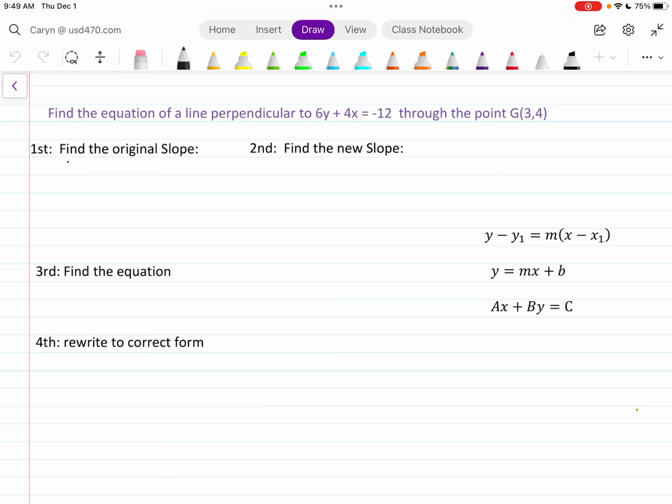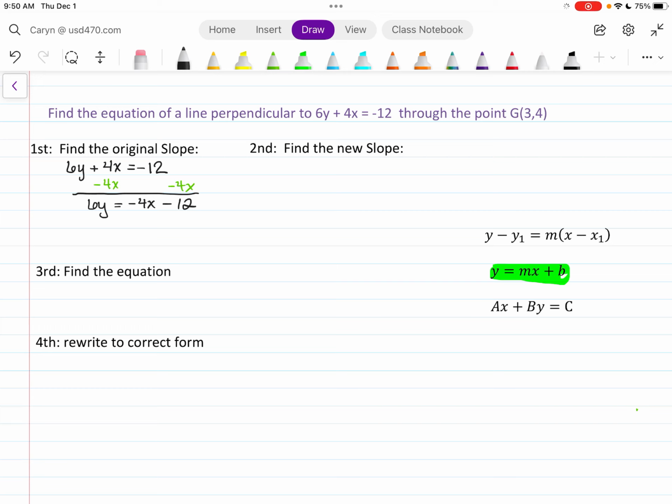So I'm going to take the equation 6y plus 4x equals negative 12, and I'm going to rewrite that to slope-intercept form. So we're going to rewrite it to this format right here. I want to get the y by itself, so let's move the 4x to the other side. So now I have 6y equals negative 4x minus 12.